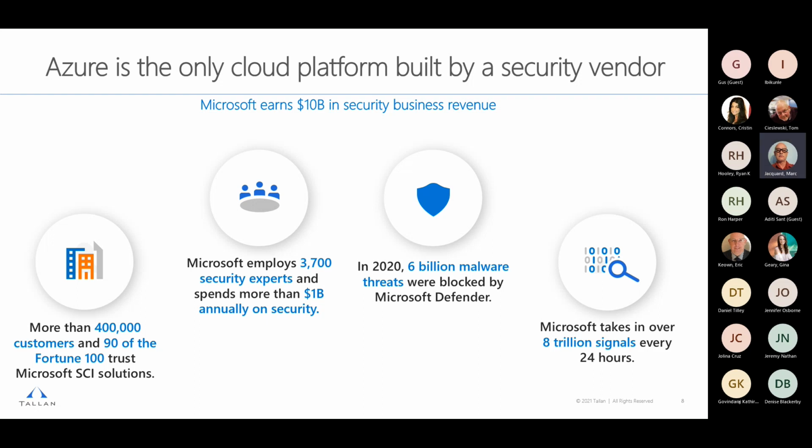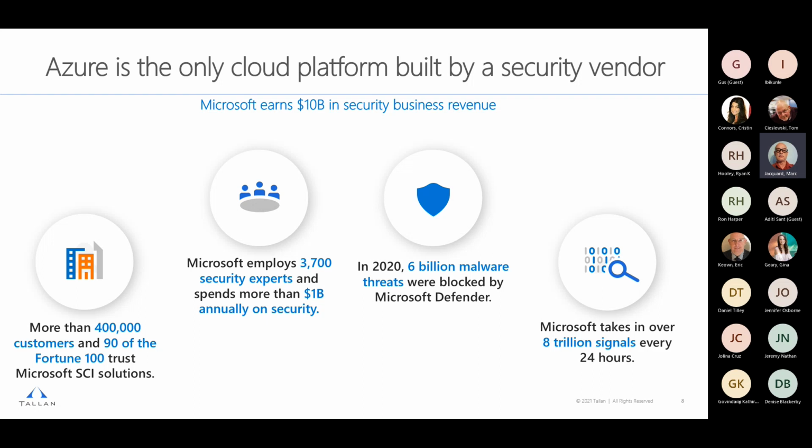They have more than 400,000 customers, and 90 of the top Fortune 100 companies trust Microsoft security solutions to secure their environment. I was just doing some research today. Microsoft Defender for Endpoint actually topped the Gartner Best Endpoint Security product in 2021. So they're not really a fly-by-night, right?